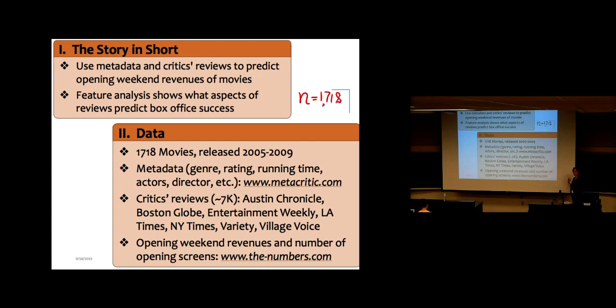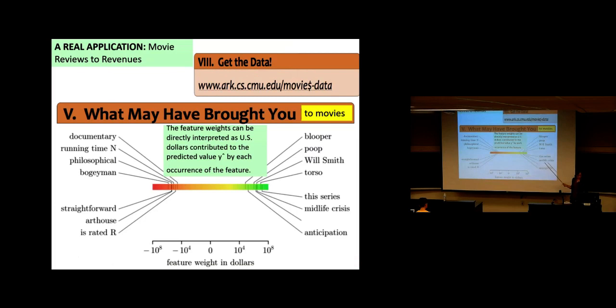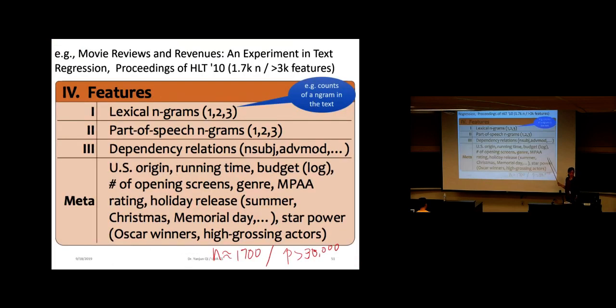So we have about 2,000 samples labeled, and you actually know their revenues, and you're just trying to design the features. So this is the results, but let me show you the features first. So this group of researchers designed a lot of features, like n-gram features.